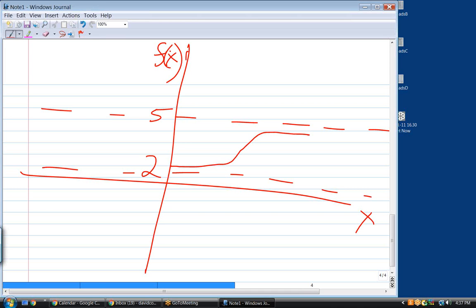It goes to 5. Okay, that's the right-hand end behavior. What happens to f of x as x goes to negative infinity? Goes to 2. That's the left-hand end behavior.